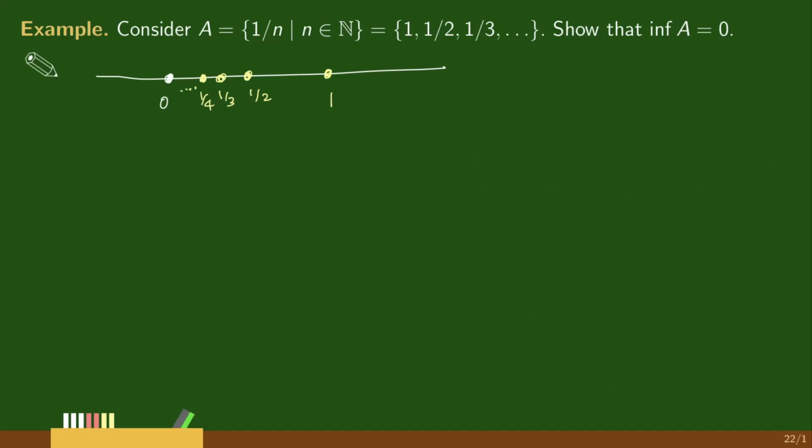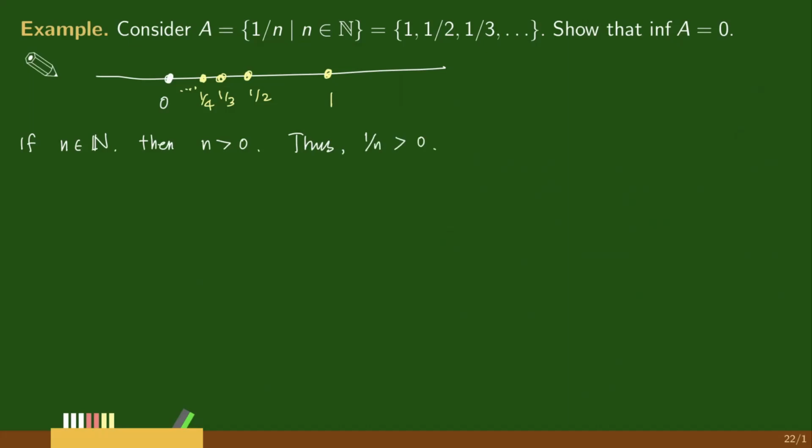Well, it's fairly clear why 0 is a lower bound. Is there no proof here? Okay, none. So let's try to justify. First of all, because n is natural, it is positive, since it is 1, 2, 3, and so on, right? Thus, the reciprocal 1 over n is also greater than 0.